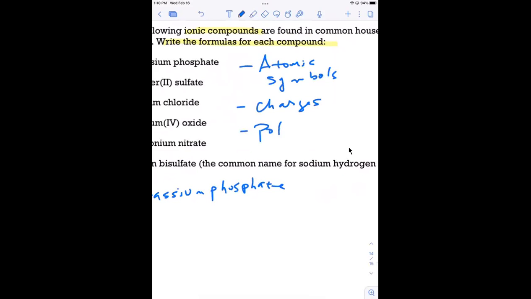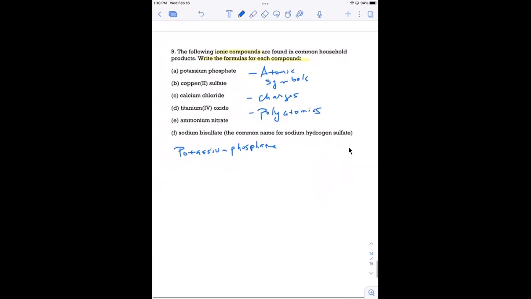And you need your polyatomics. All right, you're going to have those things in order to convert a name into a formula. And in order to do that, you can get your atomic symbols from the periodic table, but the polyatomics, you're going to have to familiarize yourself with that list.